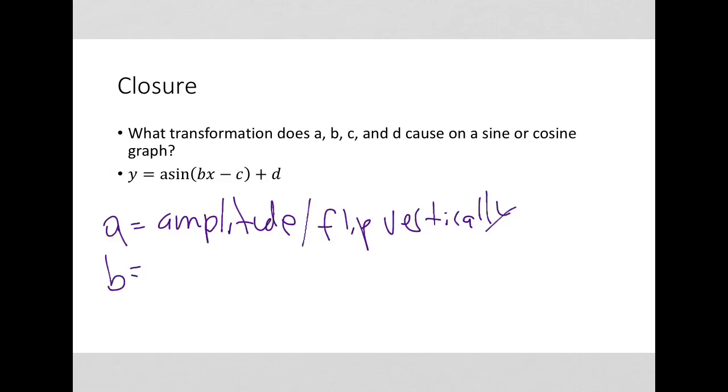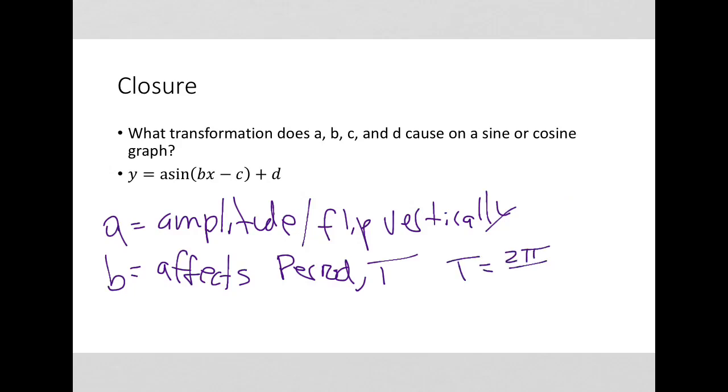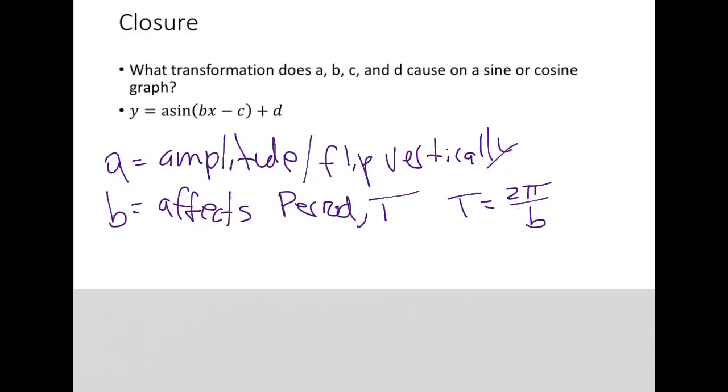Okay, what does the B do? The B affects your period, which is T. And we can get our period, T, by saying the normal period for a sine or cosine graph divided by that B. Okay? What does the C do?